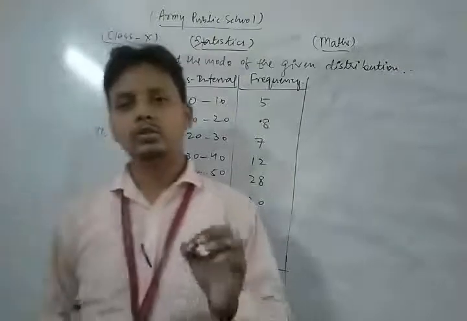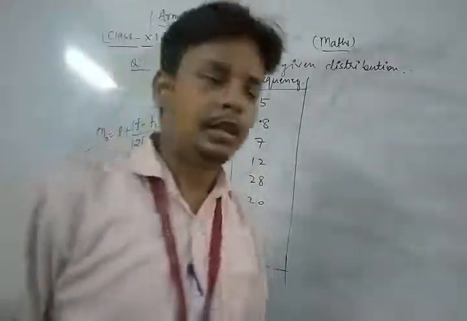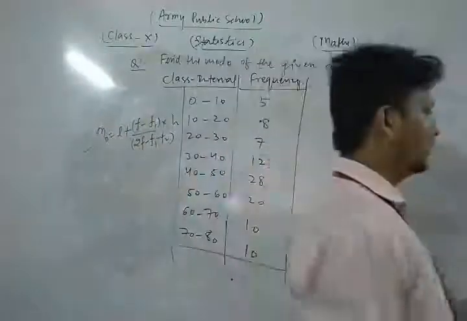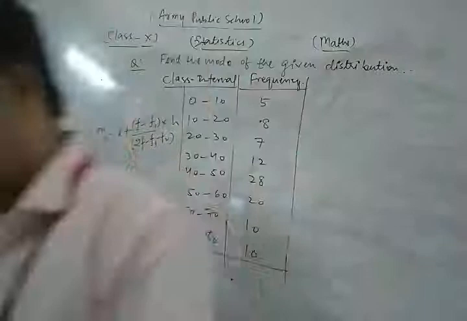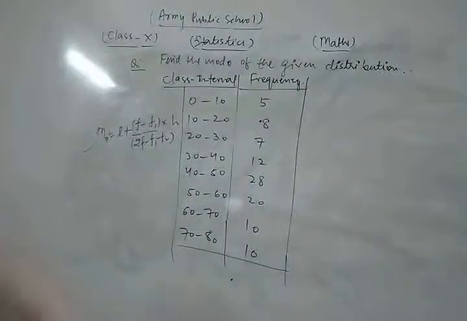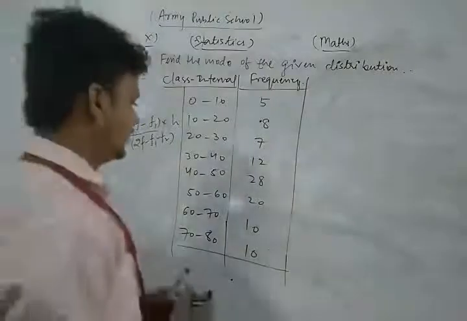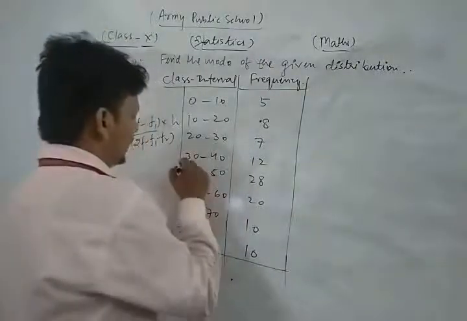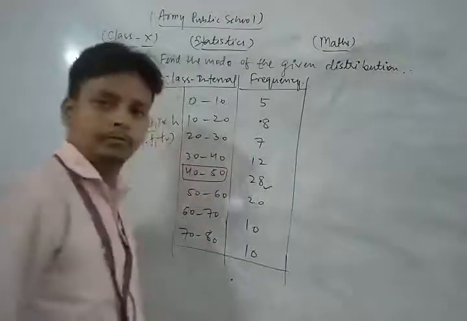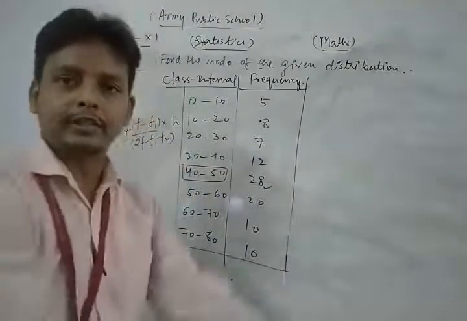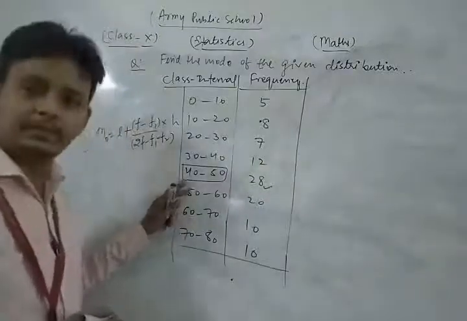So in finding the mode of this type of distribution, first of all we find the modal class, as already discussed. The modal class is the class which has the maximum frequency. Okay, so now we observe this data. Here the class 40 to 50 has the maximum frequency, that is 28. So this is the modal class.